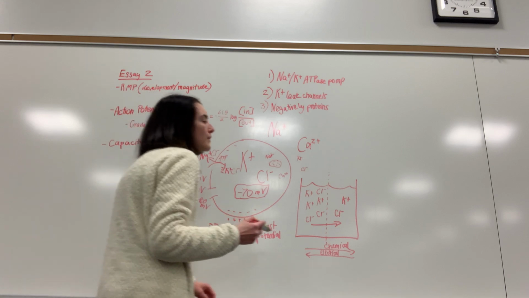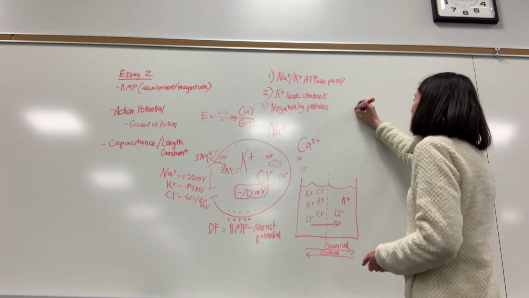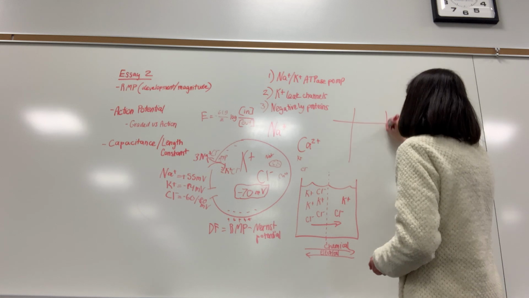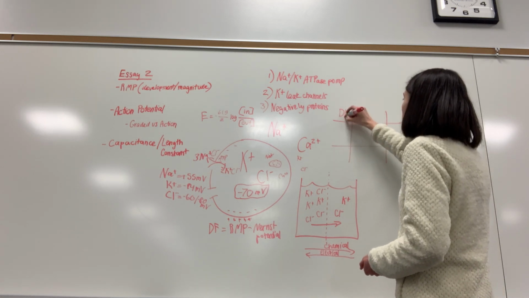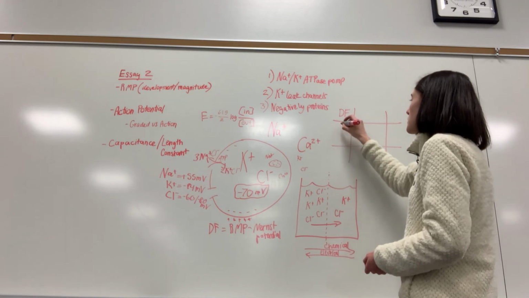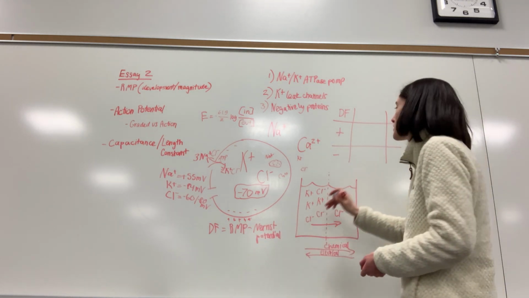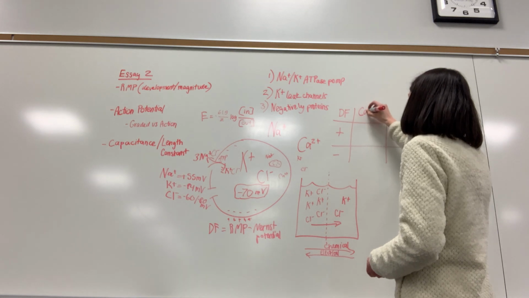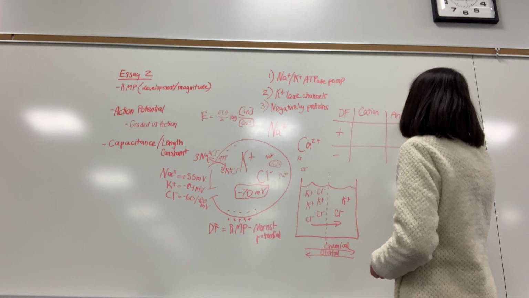Another thing I want to mention is when we think of driving force, by definition, what I did was I created a table to remember we've got our driving force, if it was positive or negative, and this is off of the calculated driving force, and whether or not we have a cation or an anion.